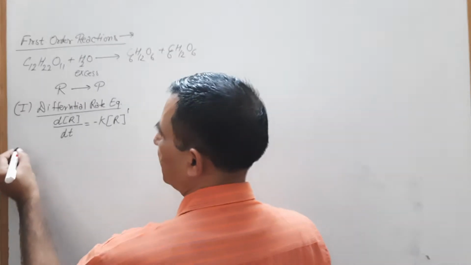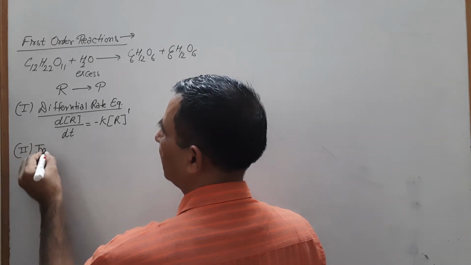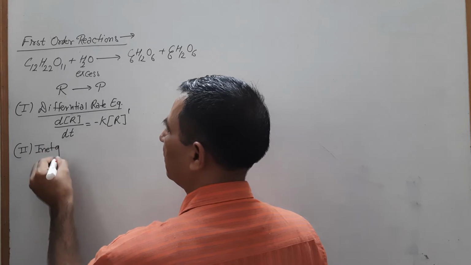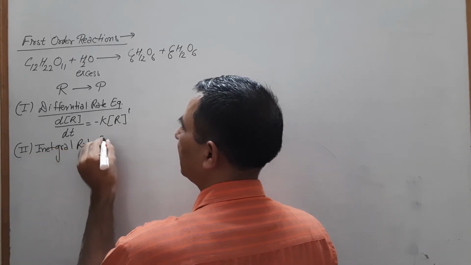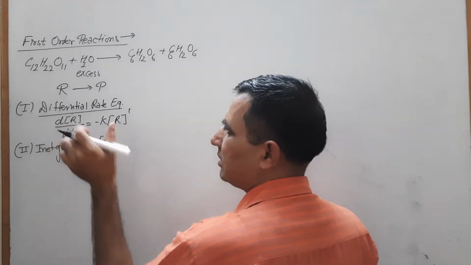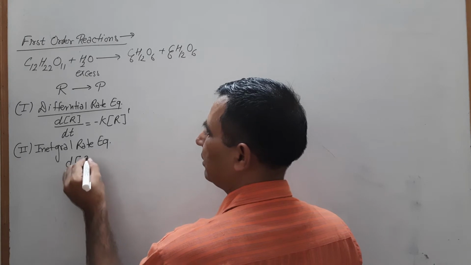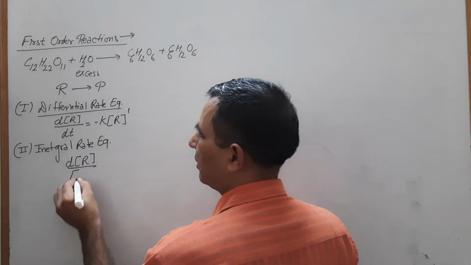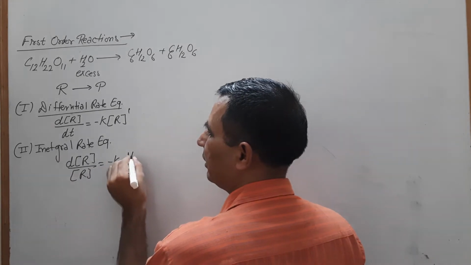Now the second step is the integral rate equation. We arrange this equation in a different way: dR by R equals minus k into dt.